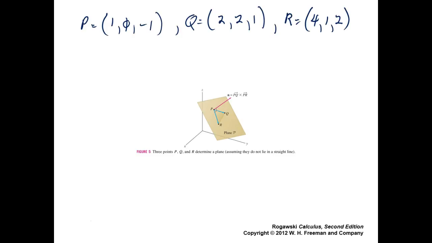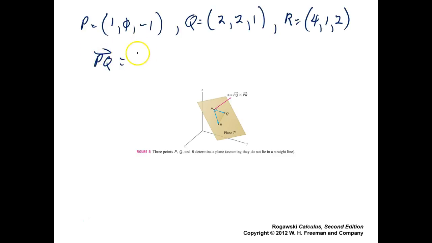So if we have three points, pick any one of them, I don't care which, let that be the initial point, and then go to the other two points, right? Let's let point P, like they did there. So you give me vector PQ.